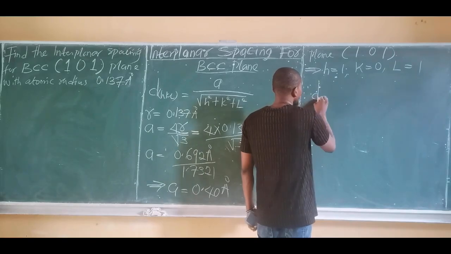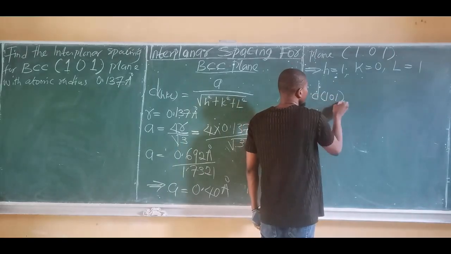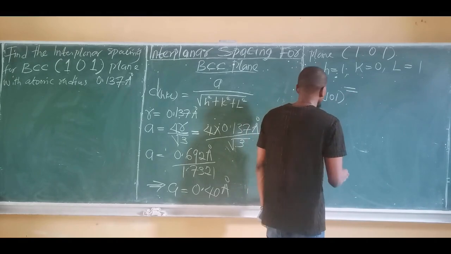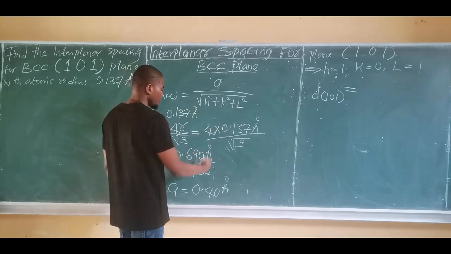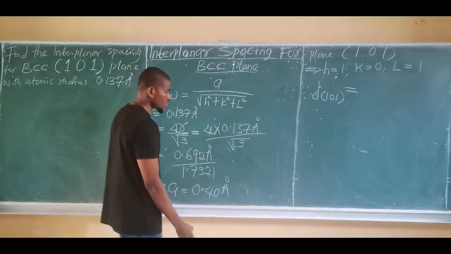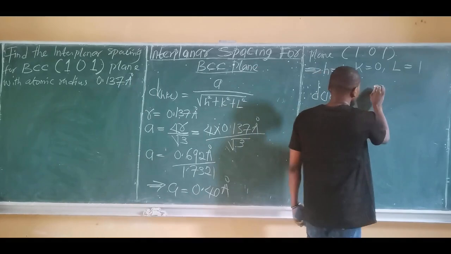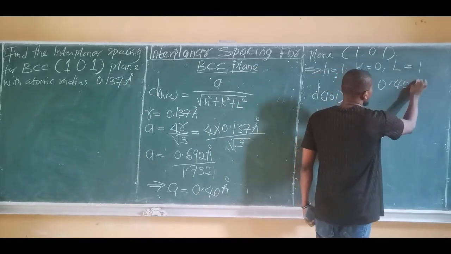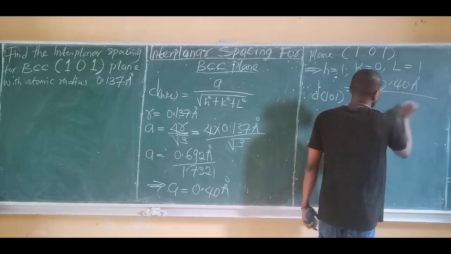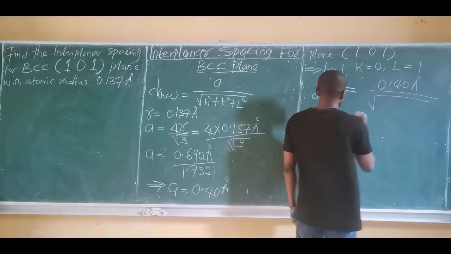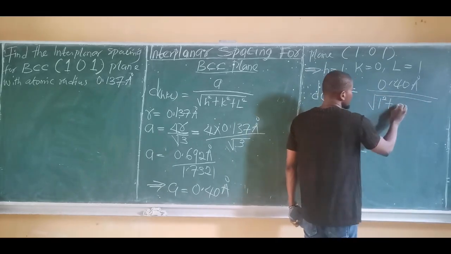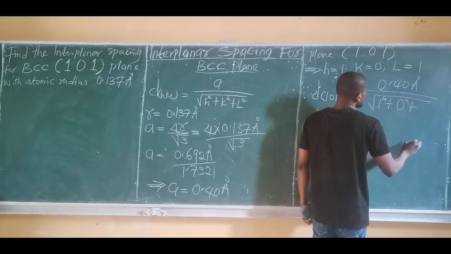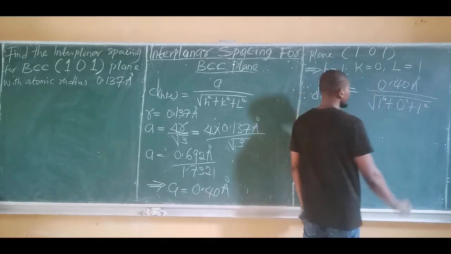Therefore, the interplanar spacing for the 101 BCC structure becomes a all over, from the formula, a all over the square root of the whole of this. And we got our a to be 0.40 Armstrong units. So you have 0.40 Armstrong units all over the square root of, now, h squared, that is 1 squared, plus k squared, which is 0 squared, plus l squared, which is also 1 squared.